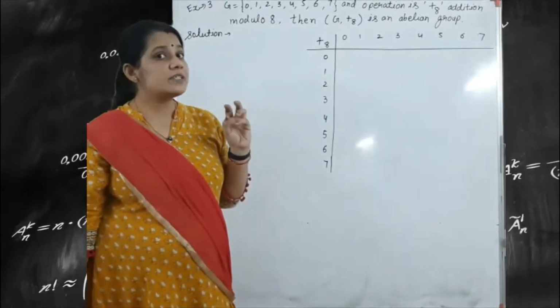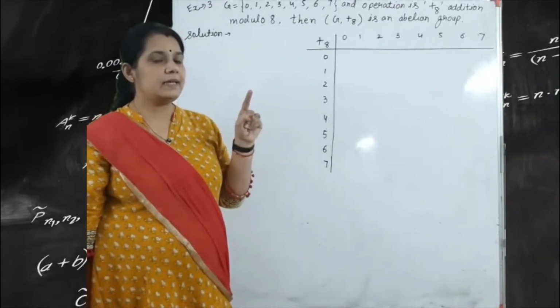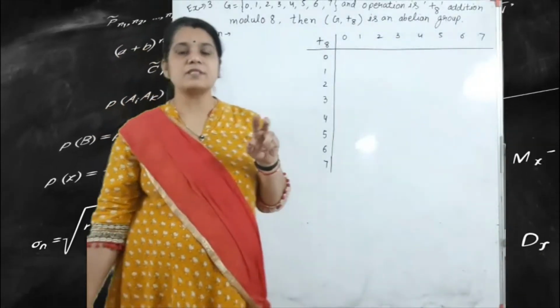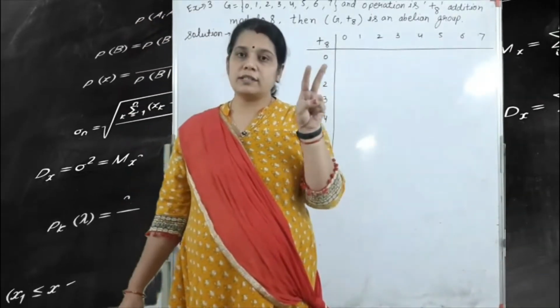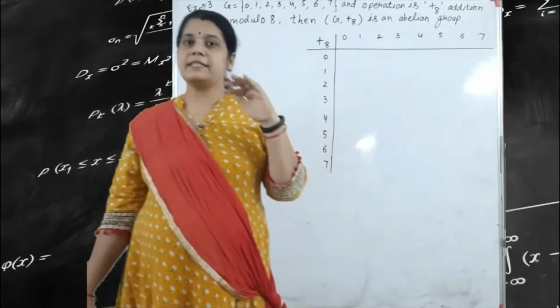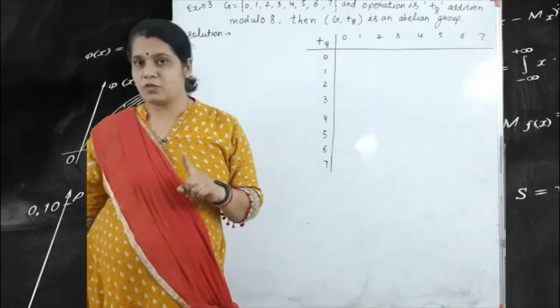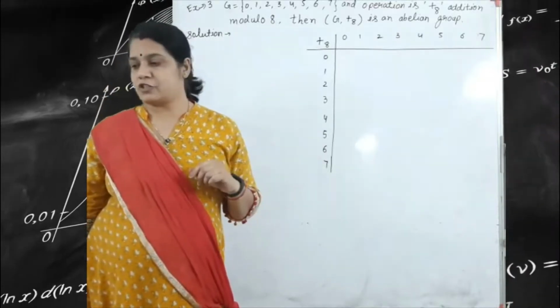The process is a +8 b: first add both numbers a plus b, divide by 8, and write the remainder. We have already seen this in our previous lecture.